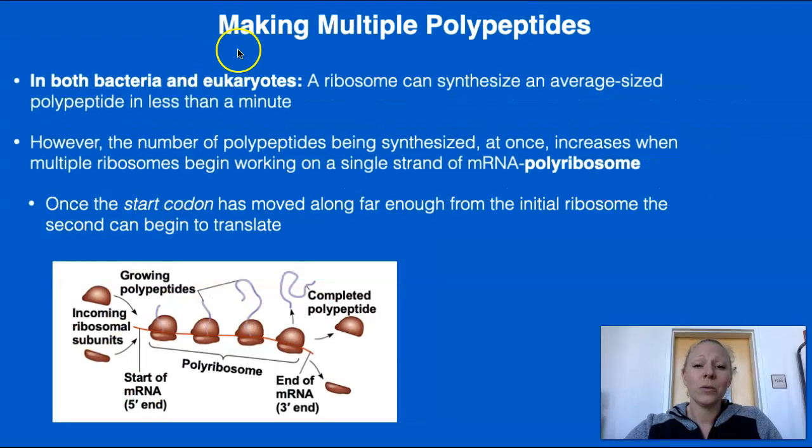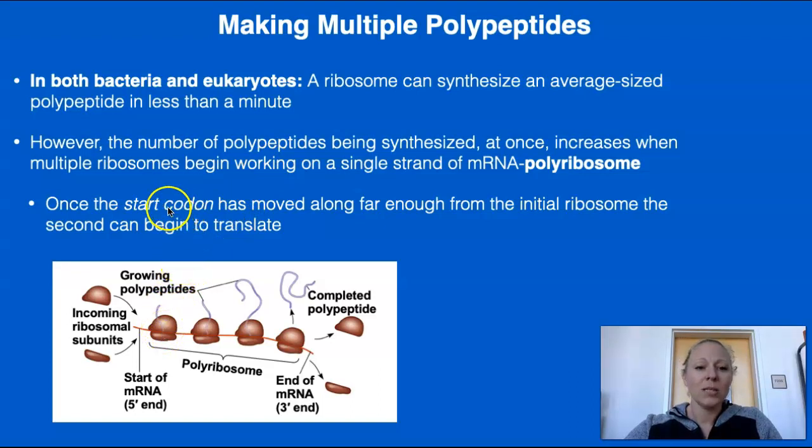And so finally, we have our very last slide. In both bacteria and eukaryotes, a ribosome can synthesize an average-sized polypeptide in less than a minute, which is crazy if you think about all of those steps. However, if we need a greater number of polypeptides than can be synthesized in that time, we'll just have more ribosomes attach onto that mRNA.